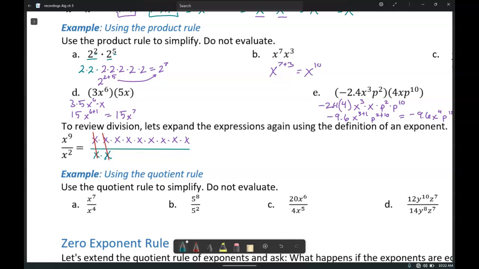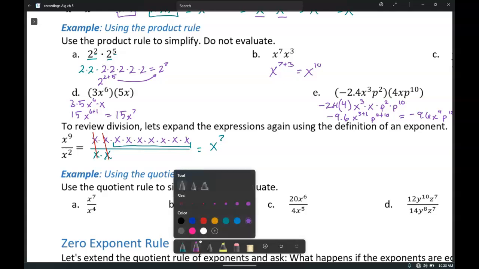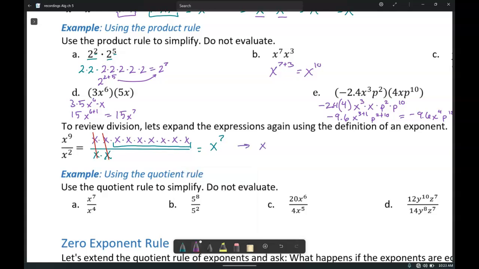But I still have 7 x's left over, x to the 7th power. This is the same as taking x to the 9th minus 2, taking the 2 exponents and subtracting them for our quotient rule, leaving us with x to the 7th.